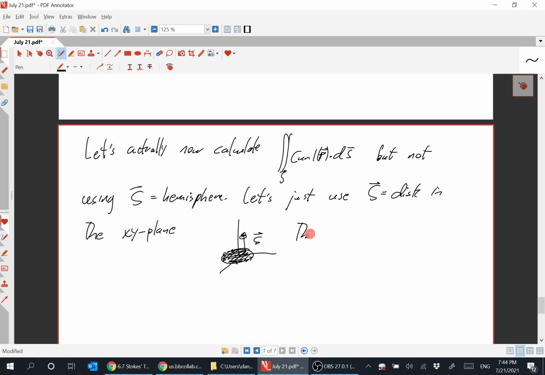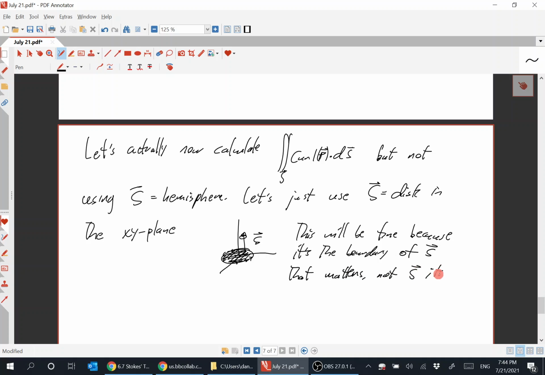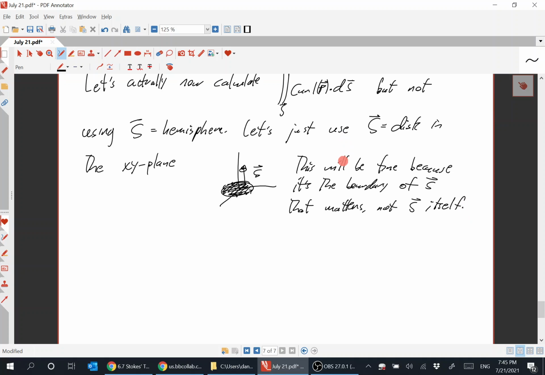This is fine because it's the boundary that matters, not the surface itself. It's the boundary of S that matters, not S itself. That's one of the things Stokes' theorem tells us.